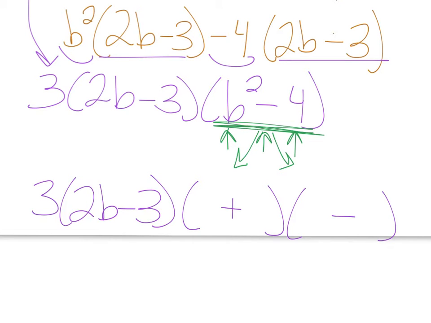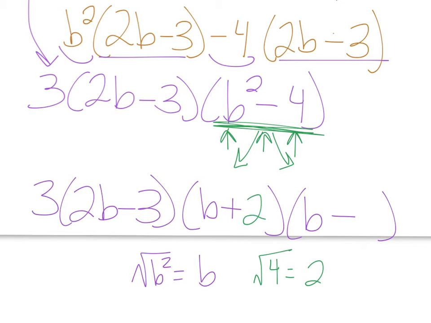So the square root of b squared is just b, so that goes in there, and then the square root of 4 is 2, so you'll have a 2 in each of here.